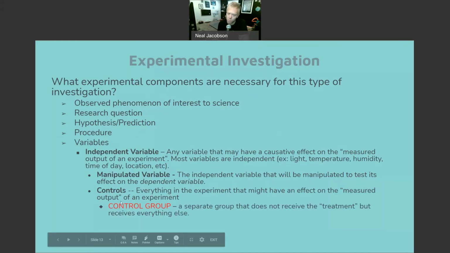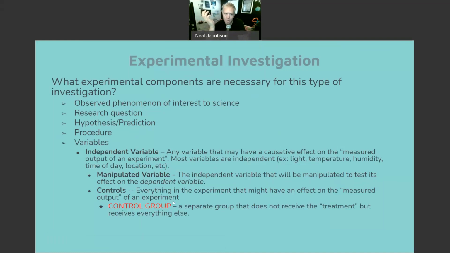Finally, you have the control group. The control group exists simply as a control in the sense that they receive everything except for the treatment. So they have all of the control independent variables like the time of day, the body weight, composition, those sorts of things. And they even receive a pill. It just happens to be an inert pill. It doesn't have any of the medication or the manipulated variable in it. And so that group tells you whether or not there's an effect of just the experiment itself on the output of the experiment.